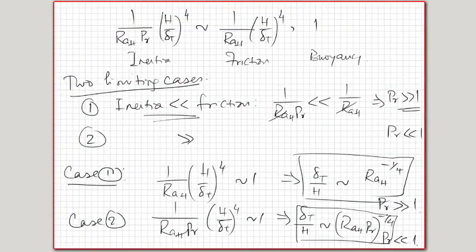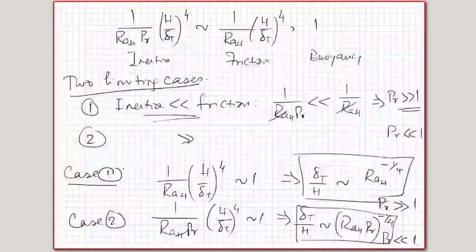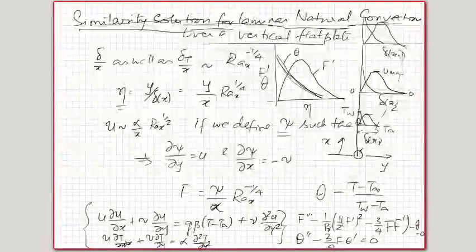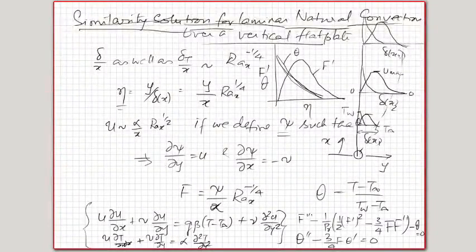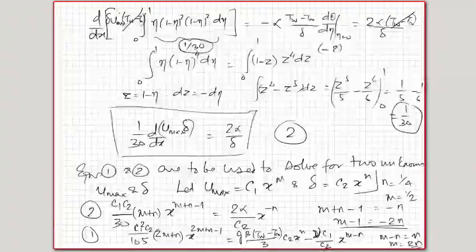Okay, let me write that in my expression here. So if I want to verify this, delta or delta t, both are in the same order here, is of the order of x into Ra x to the power of minus 1 by 4.